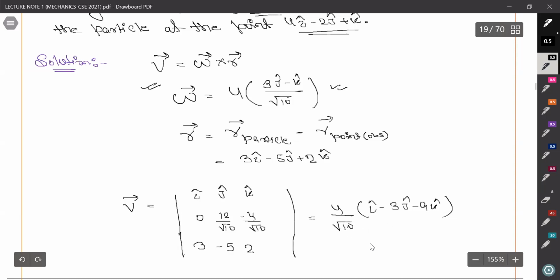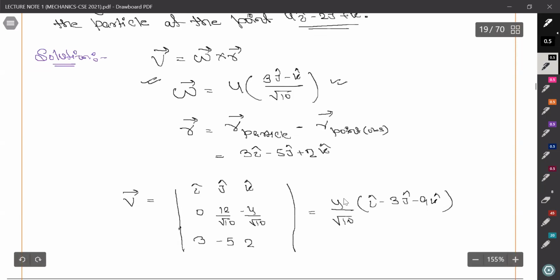Okay. So here I want to conclude the coordinate axes, polar coordinate, velocity relation, acceleration relation, and all.